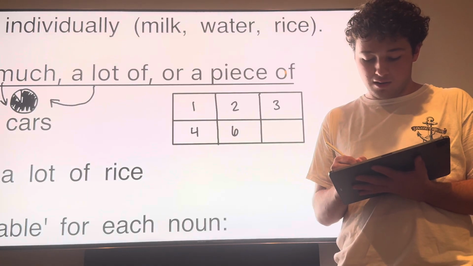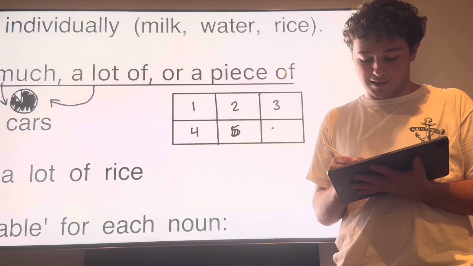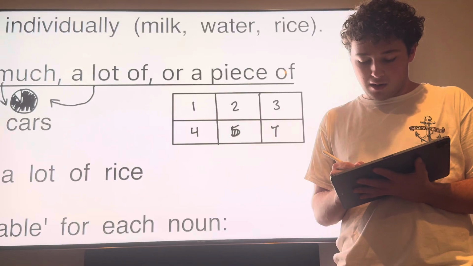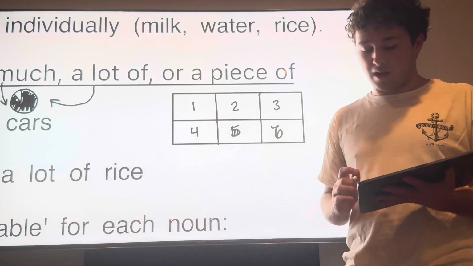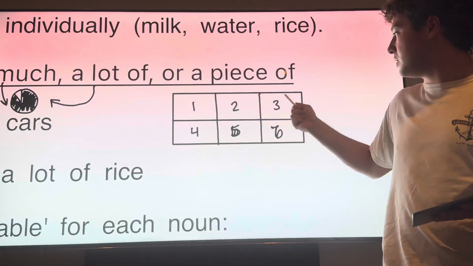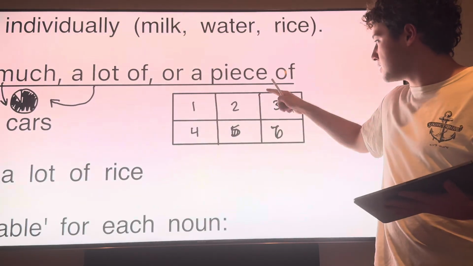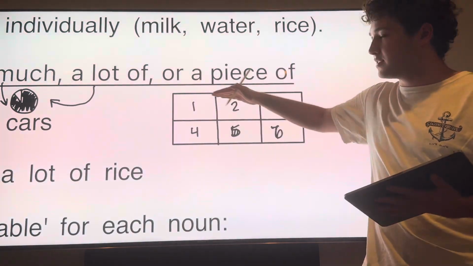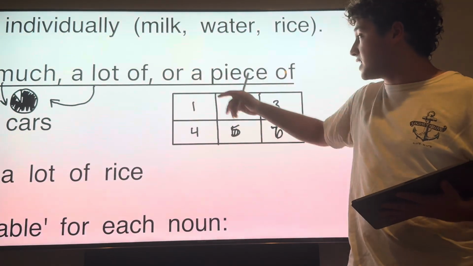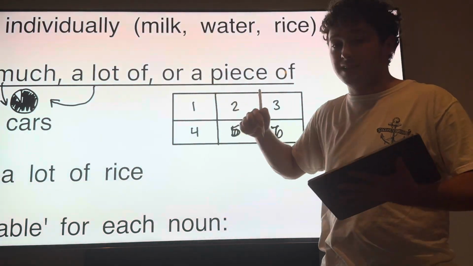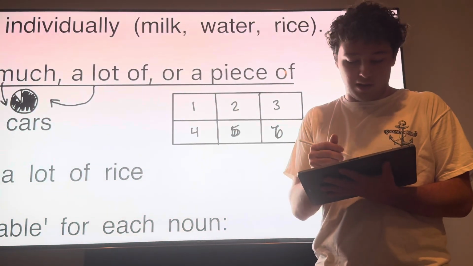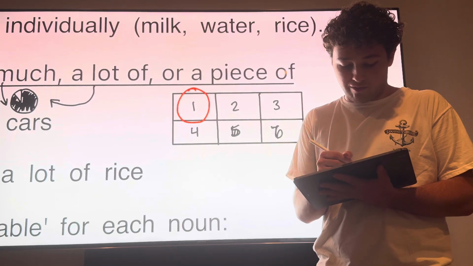These are just pieces, right? So 1 piece, 2 pieces, 3 pieces, 4 pieces. This is 4 pieces. The whole thing is 6 pieces, but just this is a piece. So this would be a piece of something.